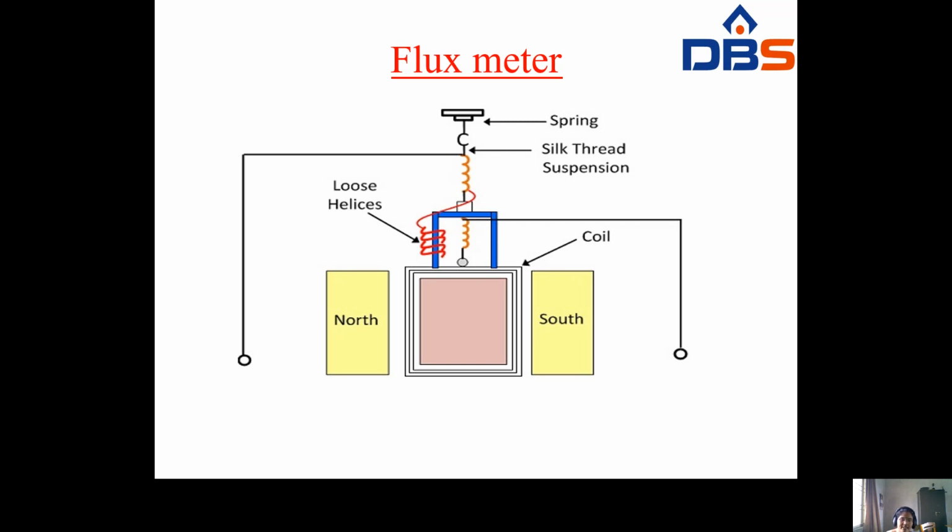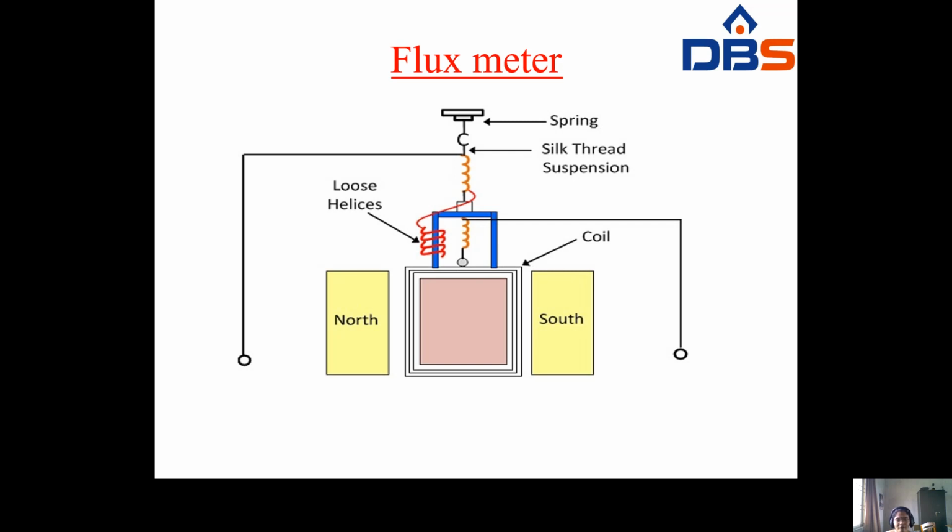See here, this has one iron core coil and two poles, north pole and south pole, silk thread suspension, spring, loose helix. Whenever you give current through these terminals, some flux will be produced in this coil.